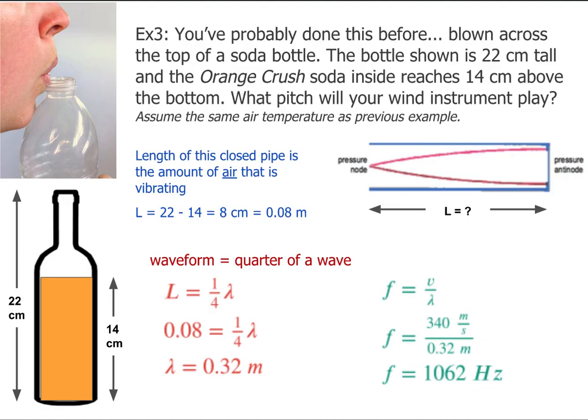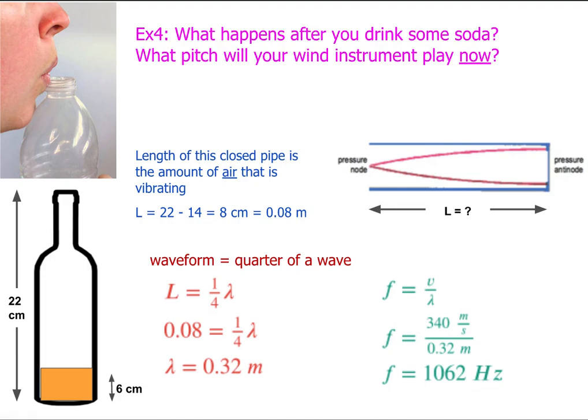Now let's say you drank some of the soda, and so the height would change a little bit. Let's imagine that it drops down to just 6 centimeters of soda in the bottom of the bottle. Let's figure out what our instrument plays now. So what would change is this value of the length, because again, we need to know the amount of air that is vibrating, not the amount of liquid.